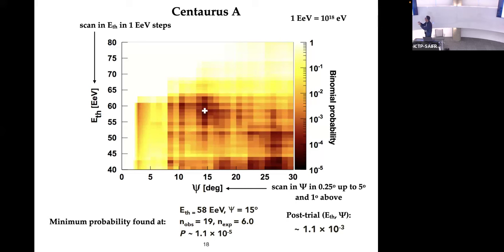We find regions where the data indicates that there are more events than would be expected from an isotropic sky, basically that. And so you see that there's a maximum for this energy threshold, for this size of angular window. We observe 19 events when the expectation from isotropy would be 6. So this gives you a p-value of 10 to the minus 5.